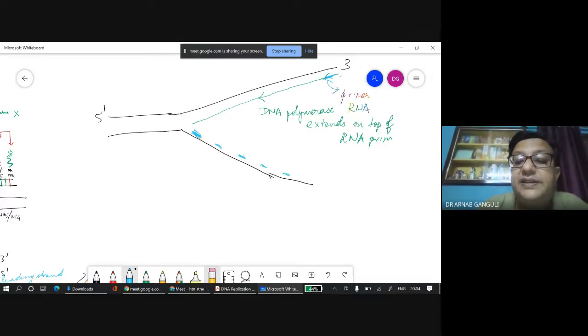To that RNA primer, you have this DNA being attached.